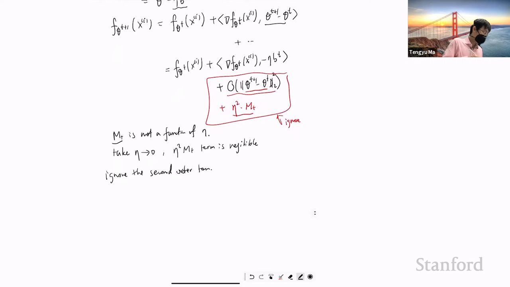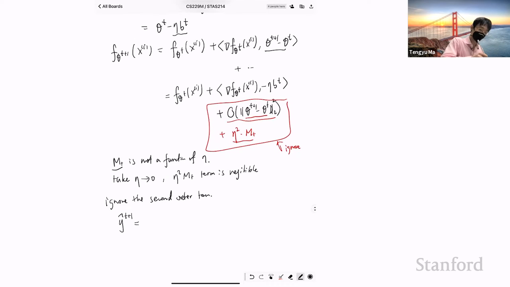Then what you have is that y hat t plus 1 equals, if you put this equation, let's call this equation 3, in vector form, then you get y hat t plus 1 is equal to y hat t, because this is y hat t, plus this linear function of bt, right?